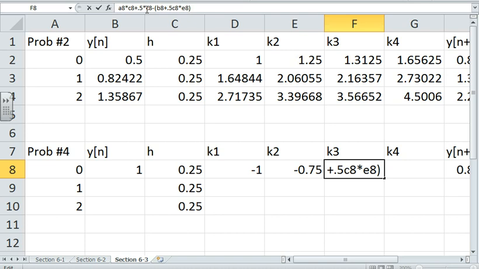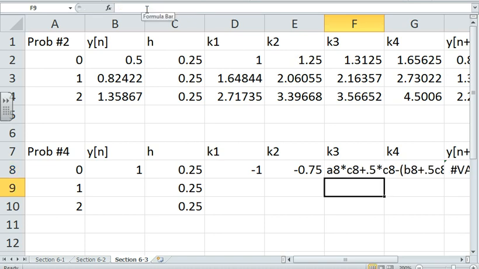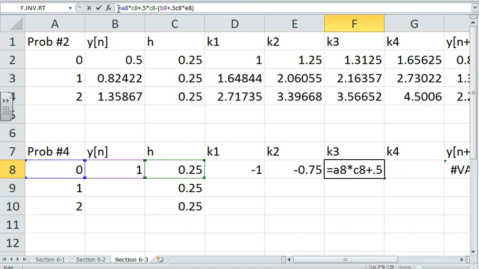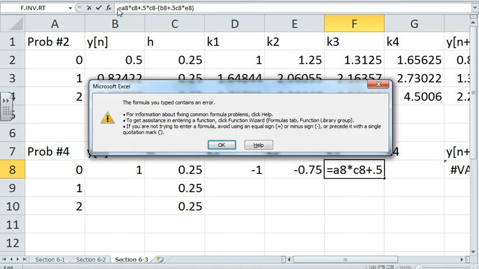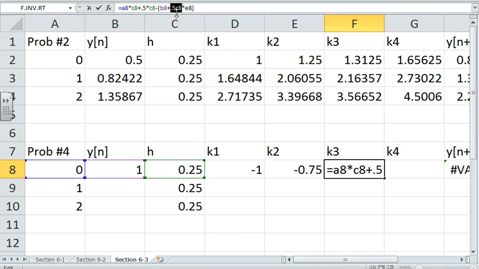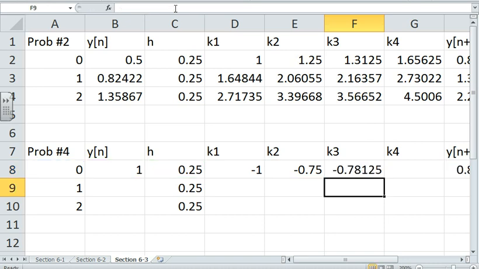Close parentheses. Oh, yeah. What equals sign? Now what did I do? There's not a times sign here.